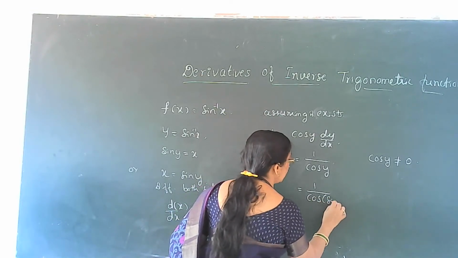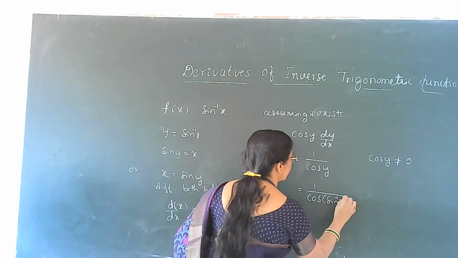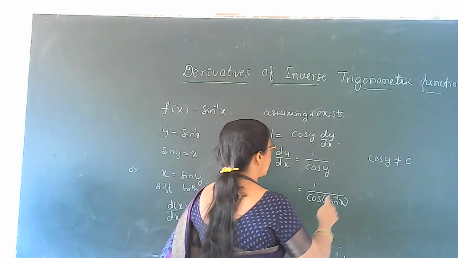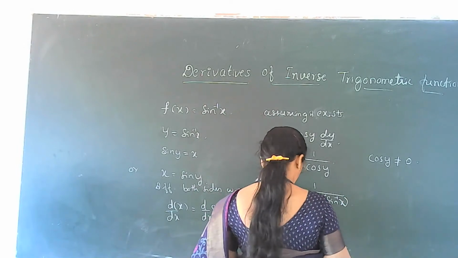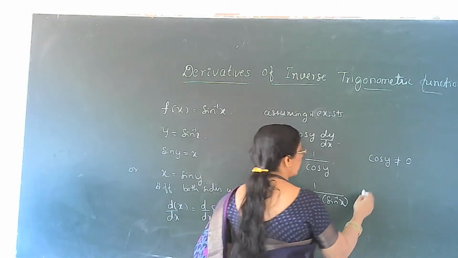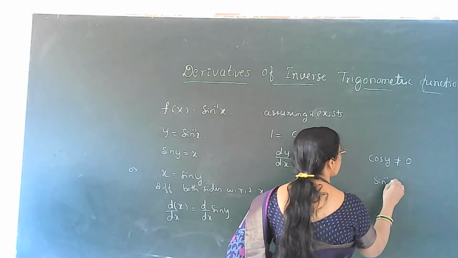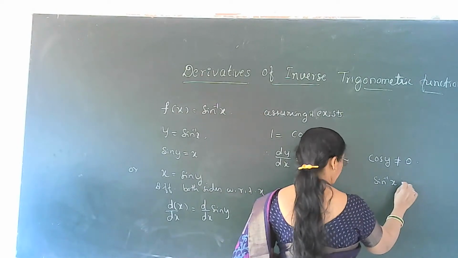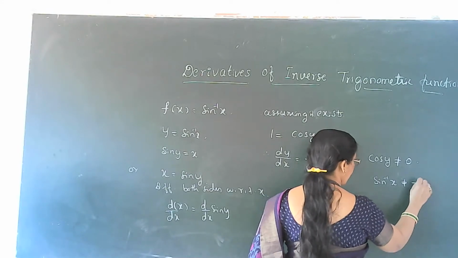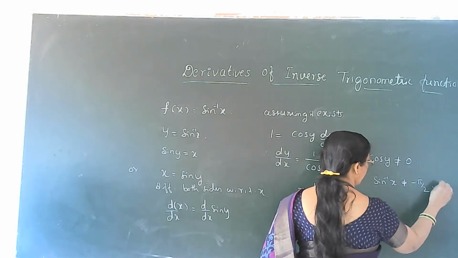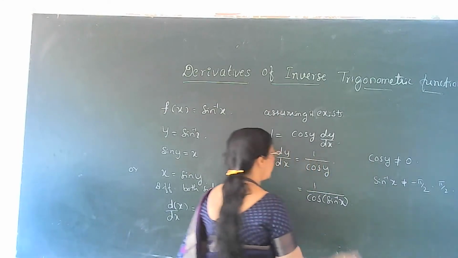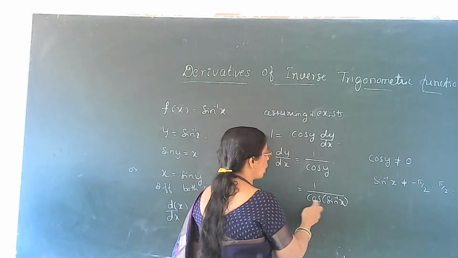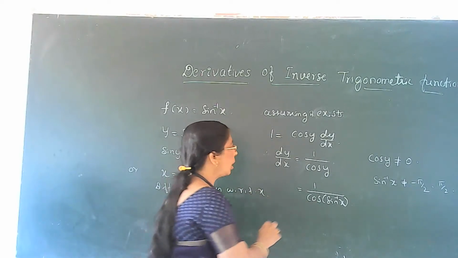Therefore, cos of sin inverse x is not equal to 0. Then sin inverse x is not equal to minus pi by 2 or plus pi by 2, because if sin inverse x equals pi by 2, cos pi by 2 is 0.